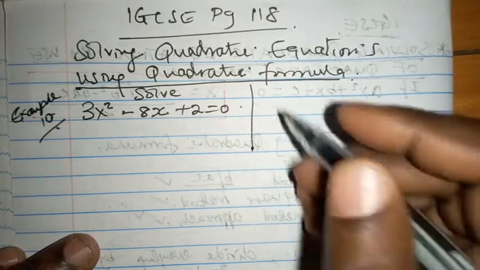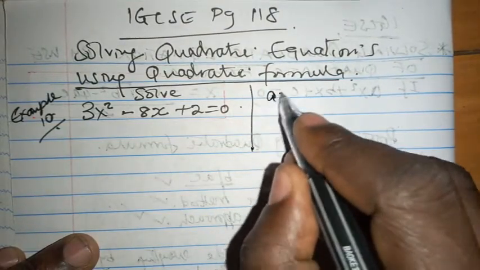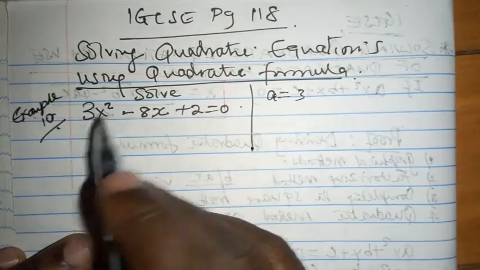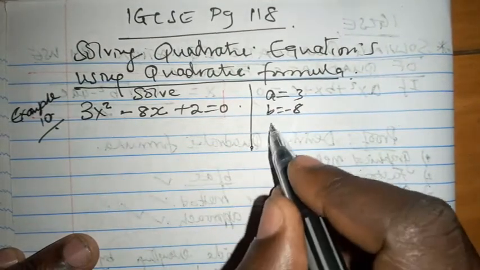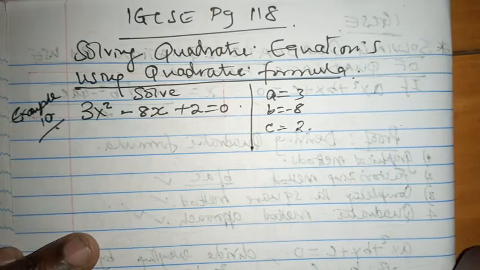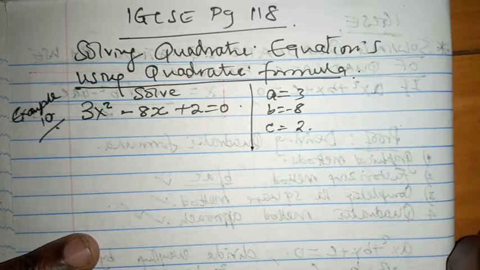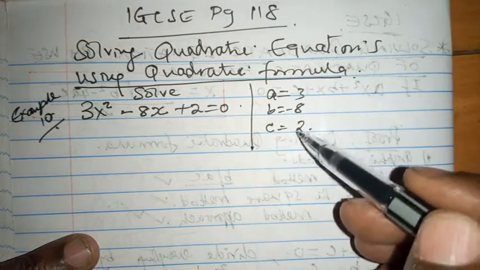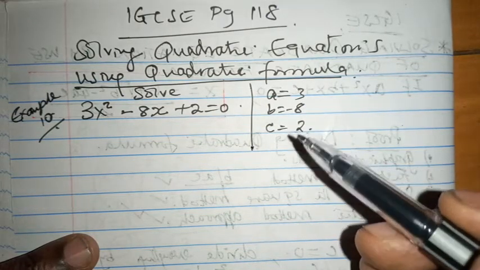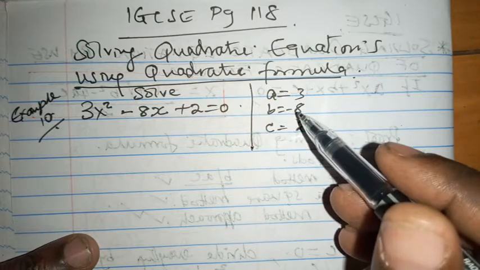And quickly you must realize that our a is 3, our b is minus 8 here, and our c is 2. What comes to our mind in such a question? We are always tempted to look for factors which when you multiply give us 6, that is ac, and when we add give us minus 8.